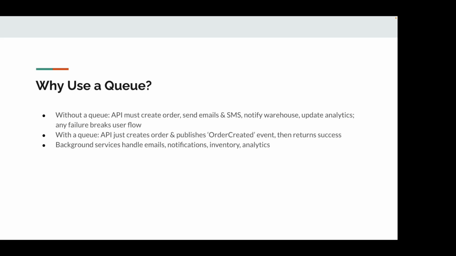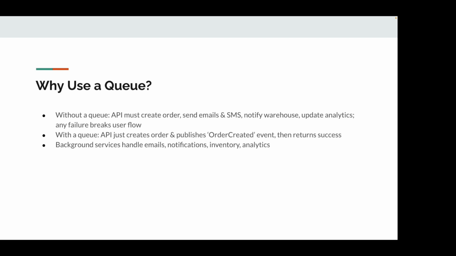Or even if there is retry logic written by the producer, it needs to wait till the notification is sent, right? Let's say there is a producer and the notification service, okay? The producer will directly call a notification service API.